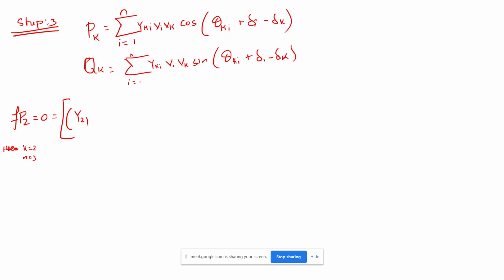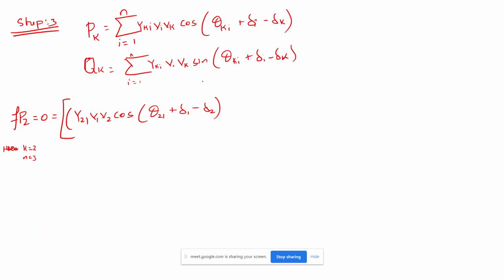So the equation will be like this: Y21 V1 V2 cos of (theta 21 plus delta 1 minus delta 2), and the summation is still not over because my n is 3.